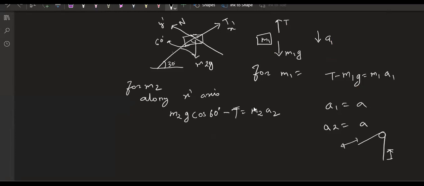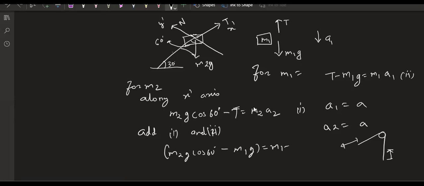Now you have to eliminate T, just add equation 1 and 2. Add 1 and 2. Okay, so what you will get? You will get M2g cos 60 degree minus M1g is equal to (M1 plus M2) into A. Yes or no?